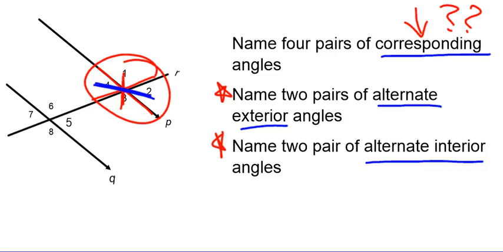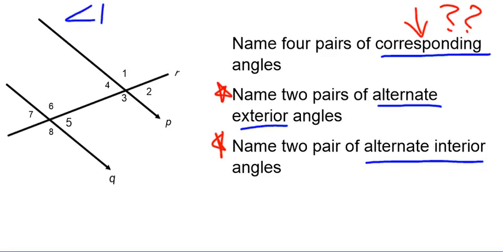And so without even knowing the measure of the angle, I can right away say that angle 1 corresponds to angle 3. Just like I could say angle 2 corresponds with angle 4. They are the same measure. And I know they're the same measure because they share the same vertex and are going to work together like that.